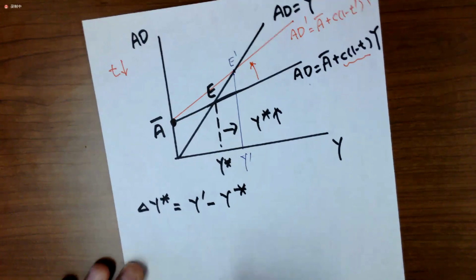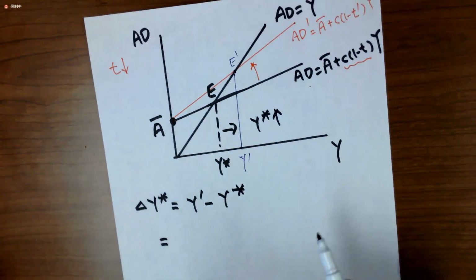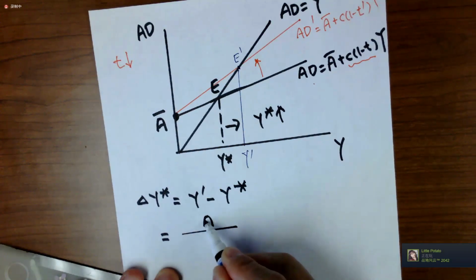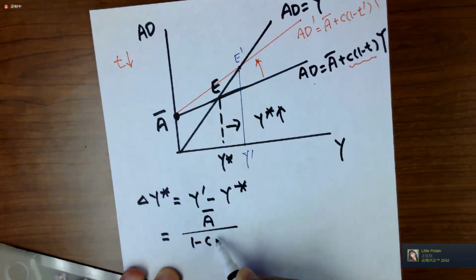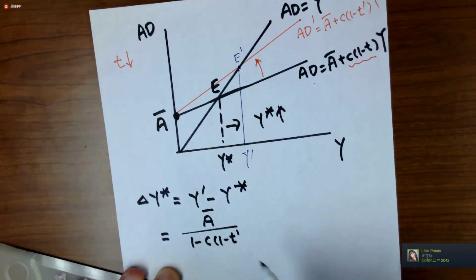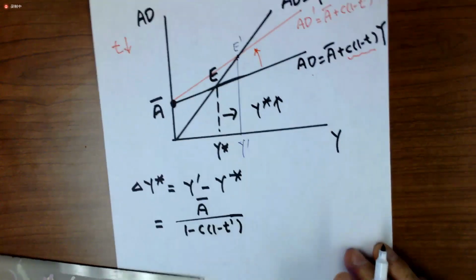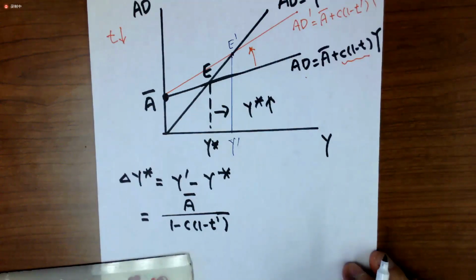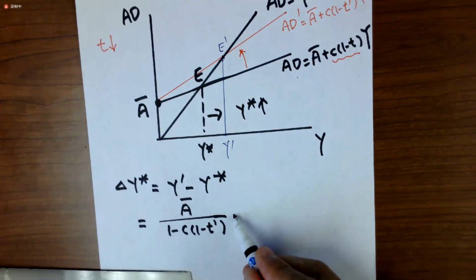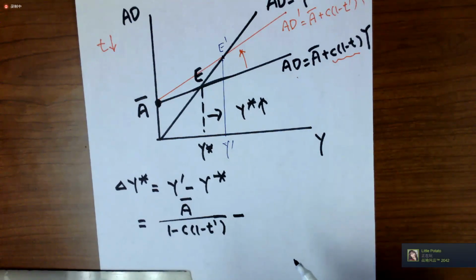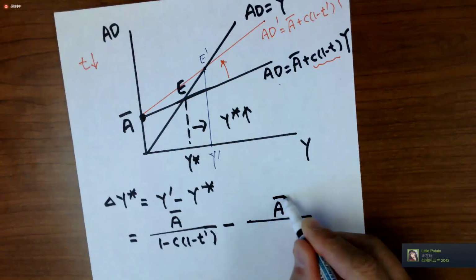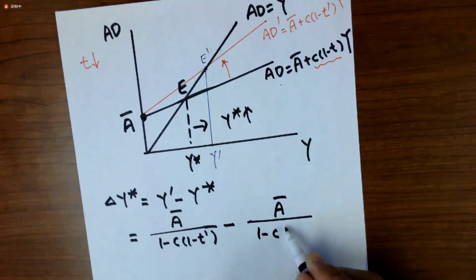Then you say, oh, Professor, my Y prime is A bar over 1 minus C, 1 minus T prime. Agree? Yes. And then what is my Y star? Y star is A bar over 1 minus C, 1 minus T.